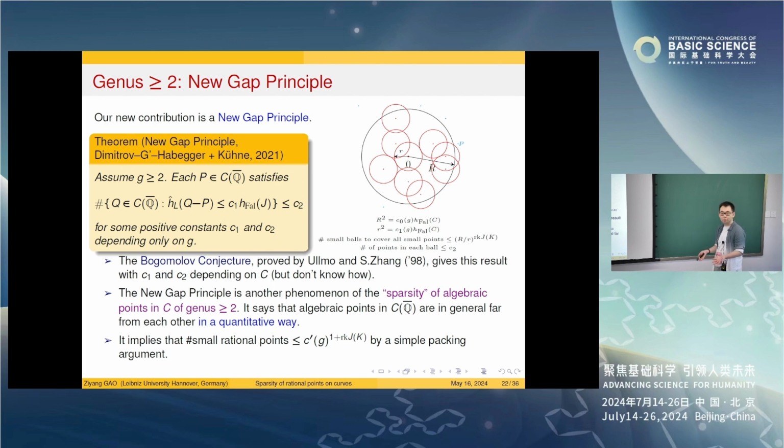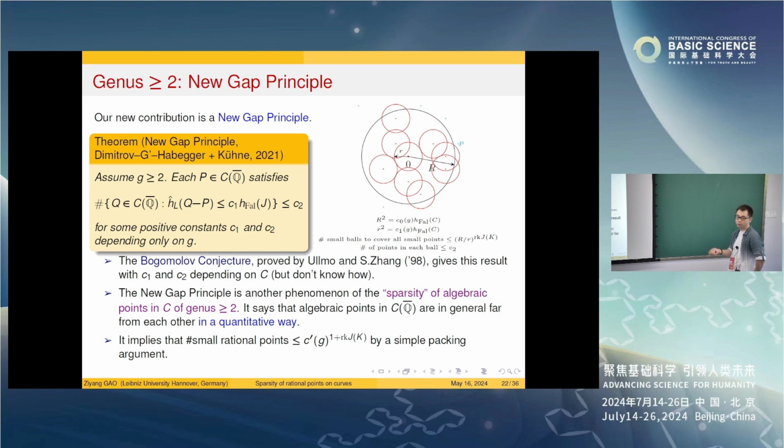How many small balls do we need to cover this large ball? This is an easy calculation. It is capital R over small r to the power of the dimension of the space. And in this ratio, the height is cancelled out. So this number depends only on g.